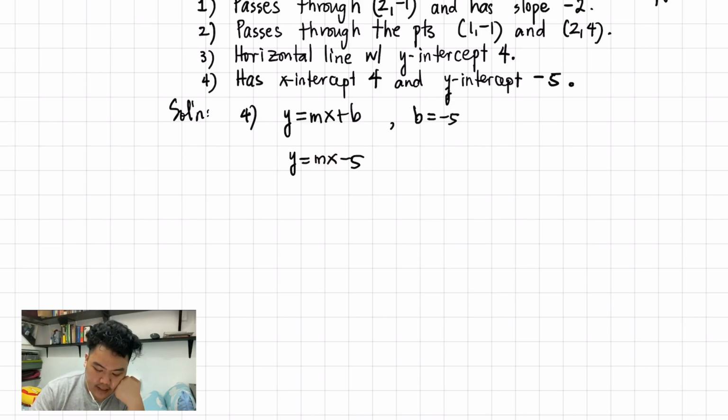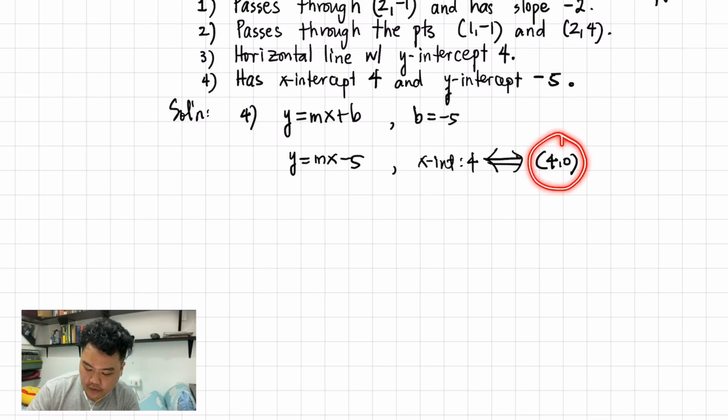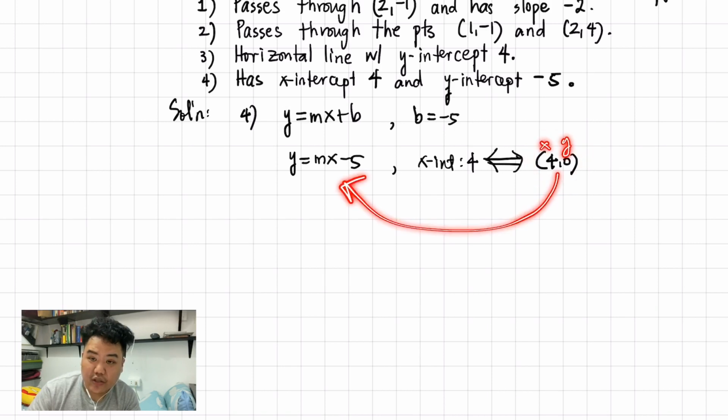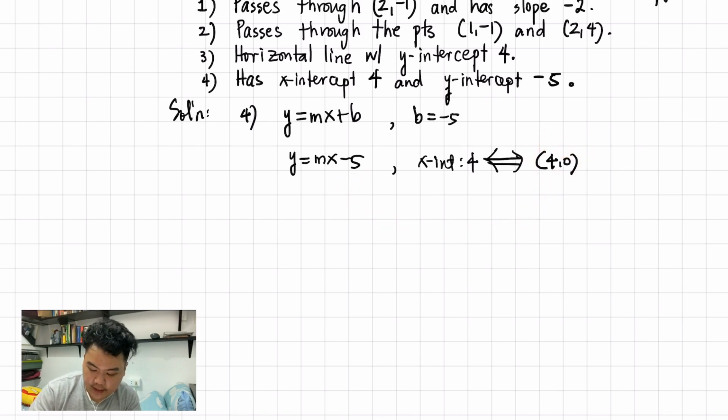And you can find that using the x-intercept. X-intercept of 4 meaning the y-coordinate is 0, so the point 4, 0 is on the line. So we will substitute this xy on this line to solve for m.